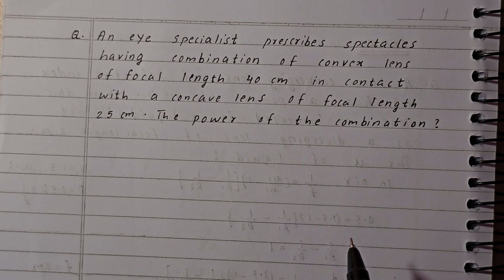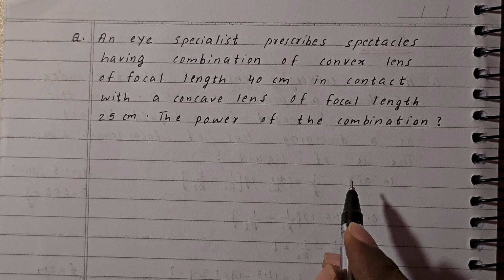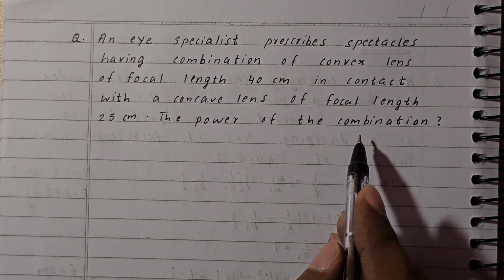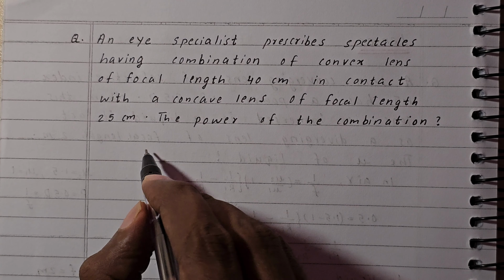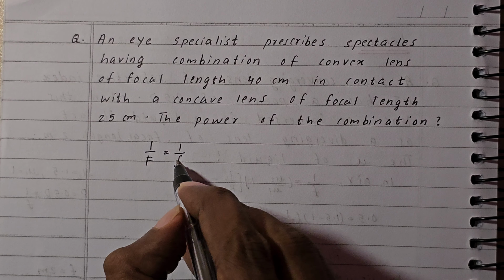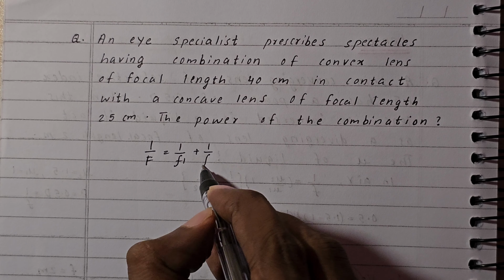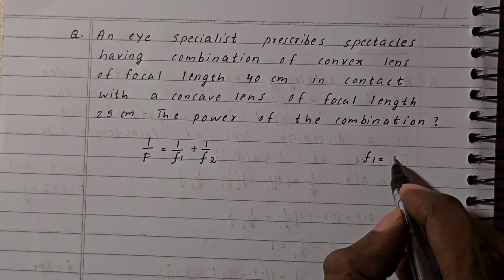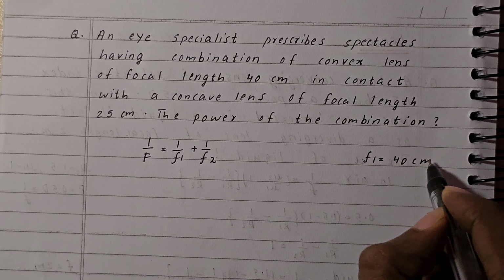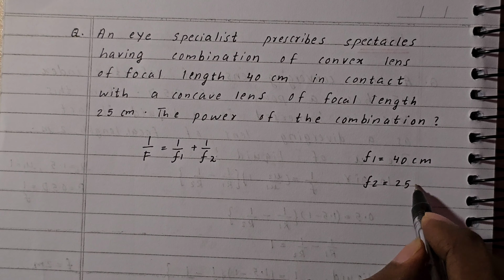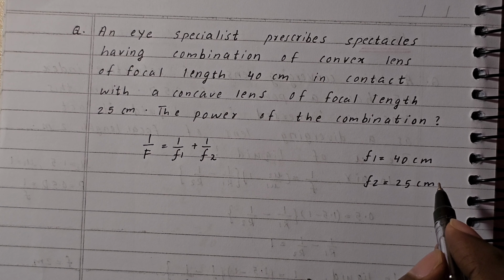If two lenses are in contact with each other, or in the case of a combination of lenses, we use the equation 1 upon f is equal to 1 upon f1 plus 1 upon f2. So f1 is equal to 40 centimeter, f2 is equal to 25 centimeter.